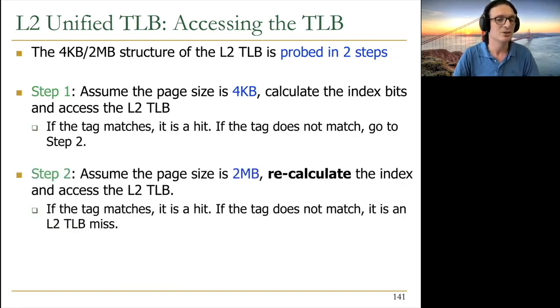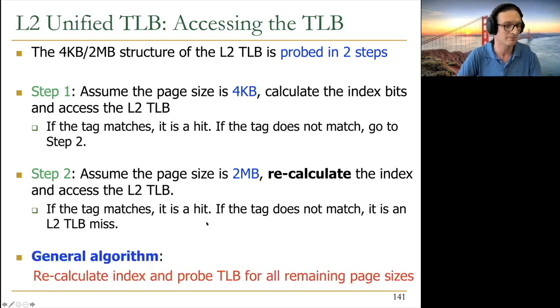In time, you index the TLB assuming different page sizes. If you hit in the first step, that's good. Then it's a 4 kilobyte page. If you miss in the first step and hit in the second step, then it's a 2 megabyte page. If you miss in both, then you need to do the page table walk. The general algorithm is to recalculate the index and probe the TLB for all remaining page sizes.